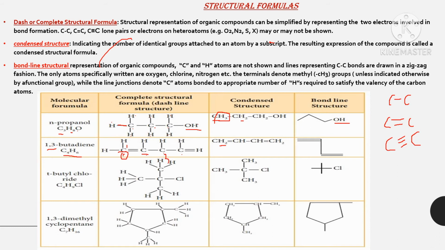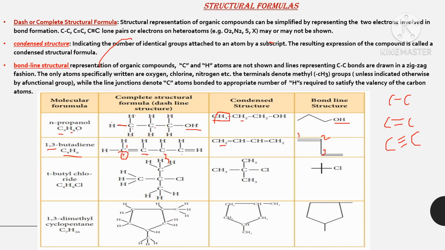And the last one is the bond line structure. Here they mentioned only carbon bonds in a zigzag fashion. So this is the first carbon and this is the third carbon. Here they mentioned the double bonds only. So the first and third carbons have double bonds in a zigzag fashion, that is the bond line structure formula.